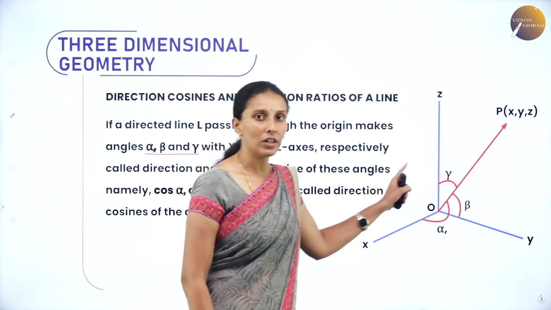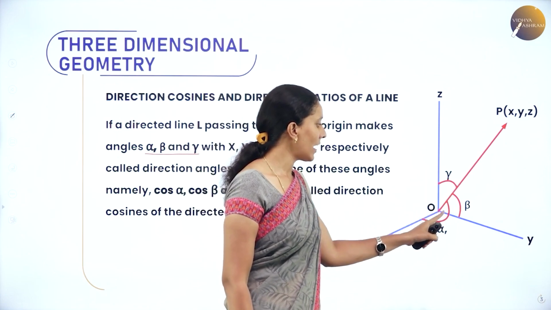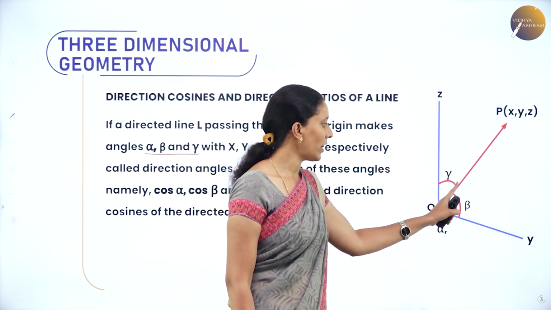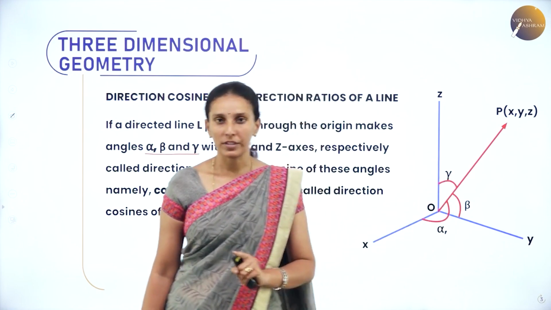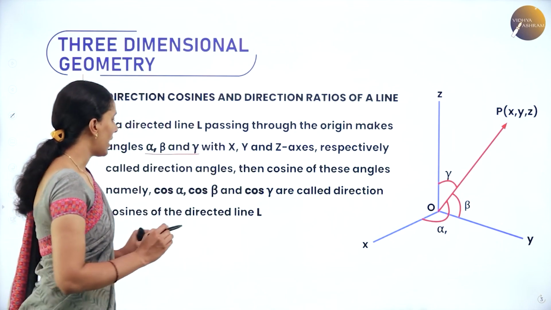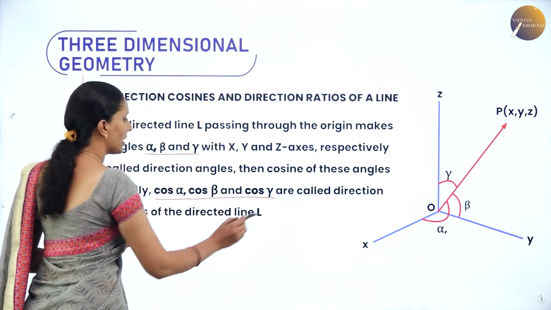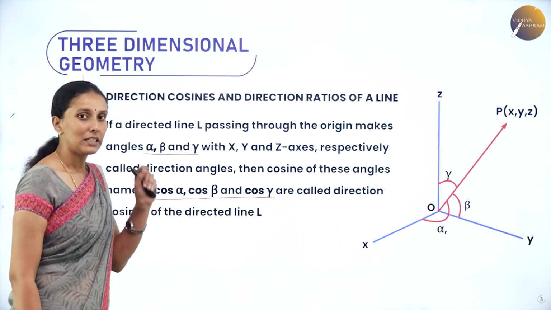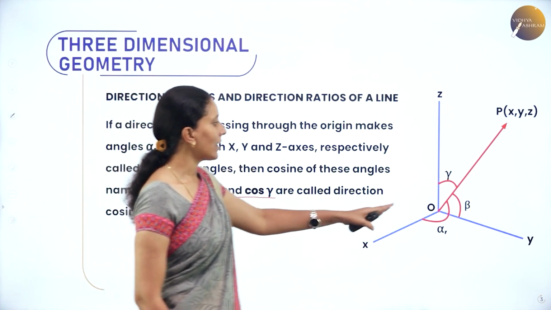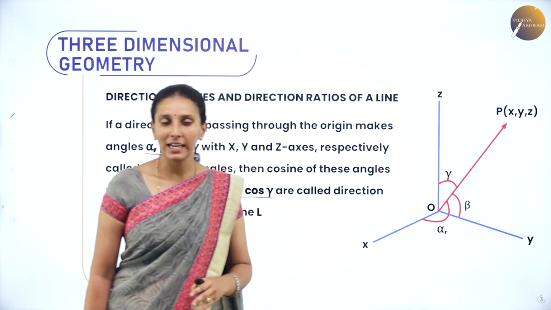And cosine of all these angles. So if this is the line, alpha is the angle created by x and beta is created by y and gamma is the angle with respect to z. The cosine of these angles, that is cos alpha, cos beta and cos gamma, are called as the direction cosines of the line L.